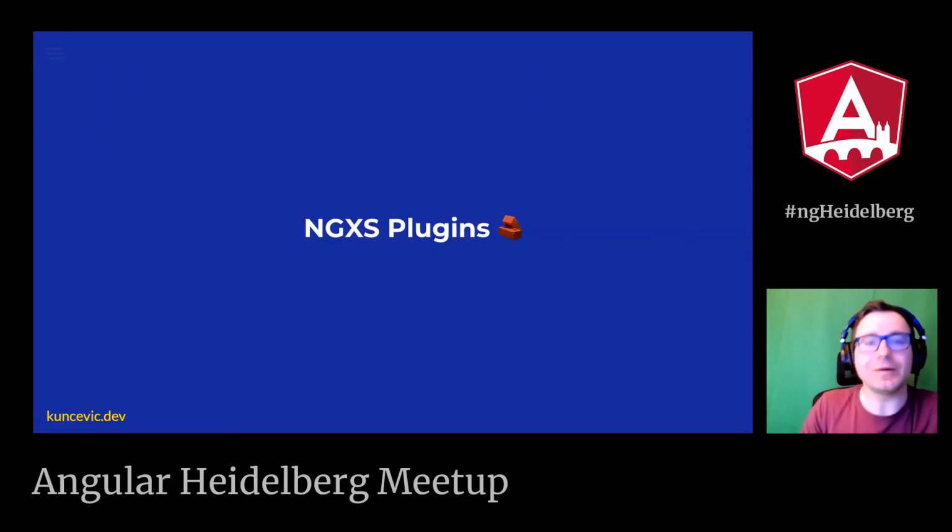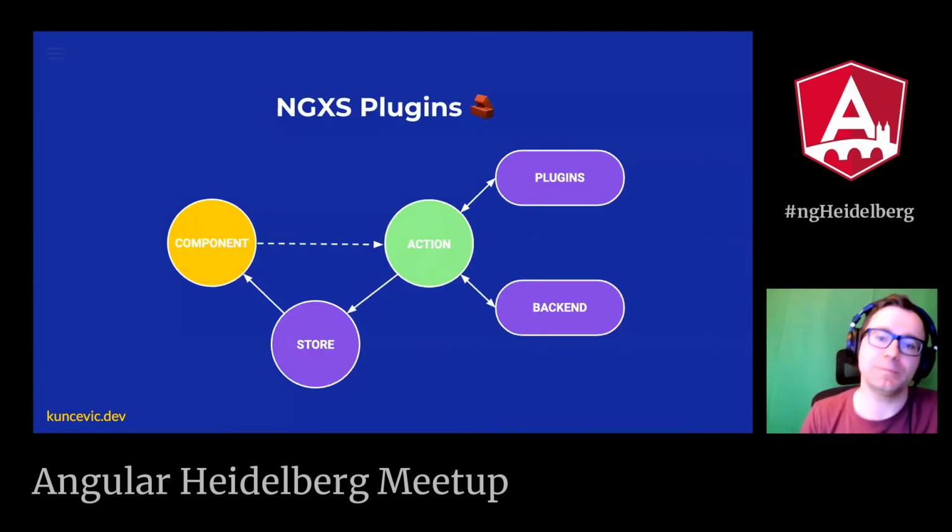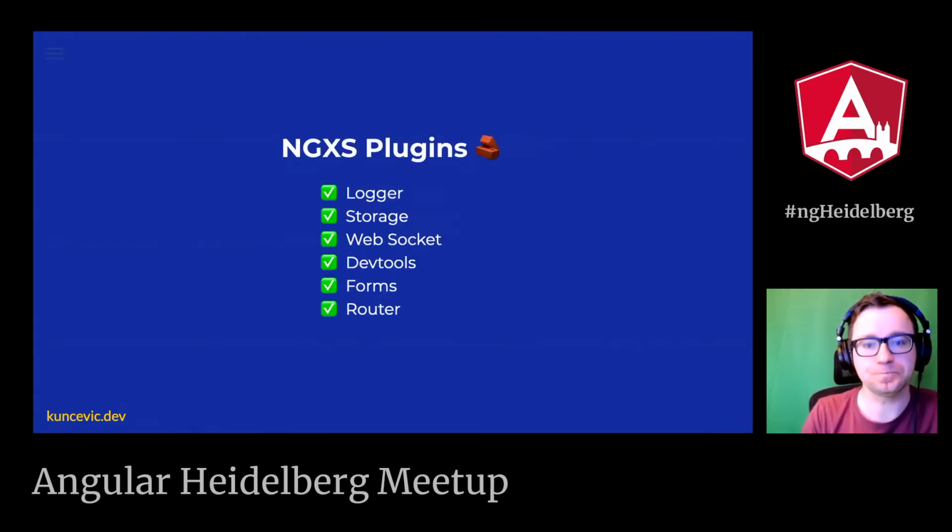Now let's talk about NGXS plugins. NGXS has such a thing called plugins, and it's where the progressive part of NGXS comes in. The plugin system allows you to tap into the state changes lifecycle, so you're able to extend the core functionality using plugins.